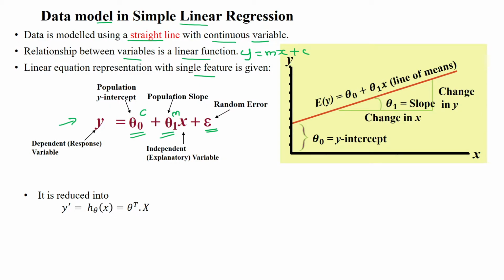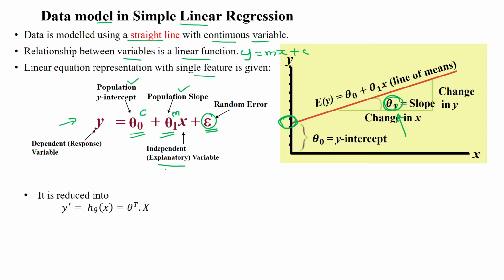Here theta 0 is called the y intercept, and the slope is represented by theta 1. The small error will be available for every data point whenever we apply the machine learning model.